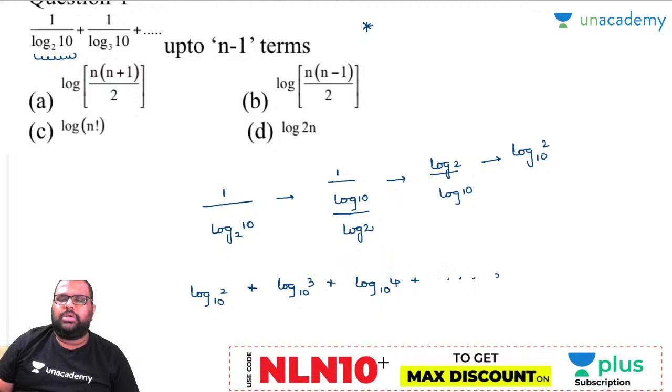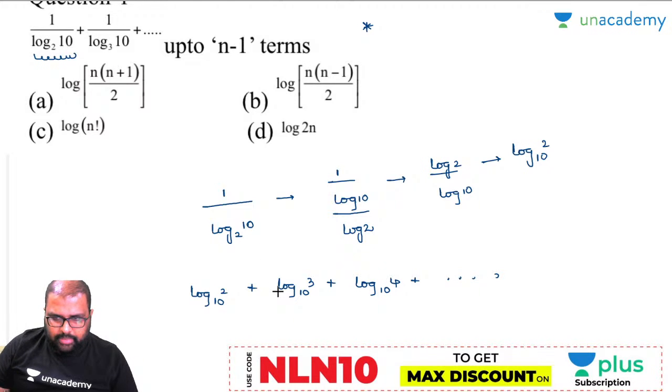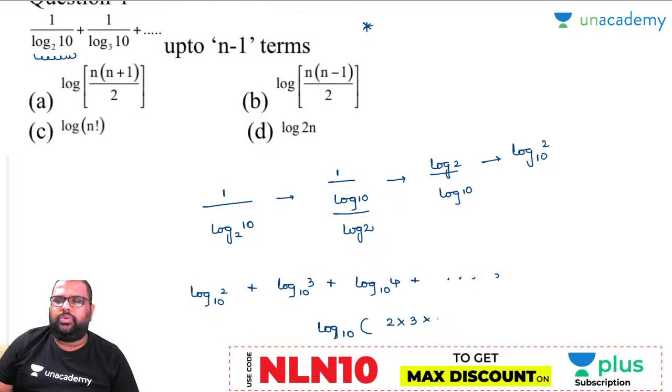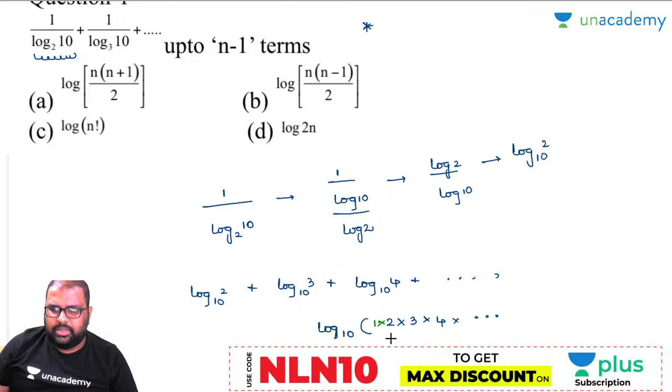This is in the format of log m plus log n plus log p, so log base 10 of 2 into 3 into 4 and so on. When you closely observe, even if 1 is not there, it is automatically available. So finally this bracket value is in the format of n factorial.